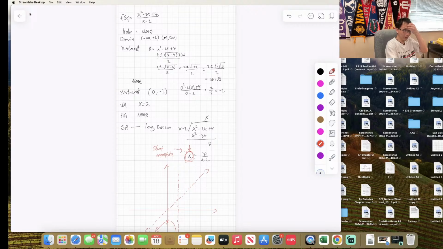If I plug in -1.9, -1.9 minus 2, is that positive or negative? -1.9 squared minus 2 times -1.9, and plus 4. Is that positive or negative? It's actually negative, because 1.9 is not 2 yet, right? And 2 times -1.9 is also not 2 yet.